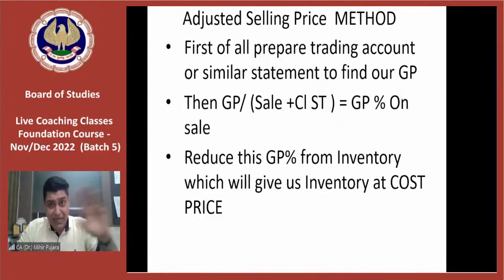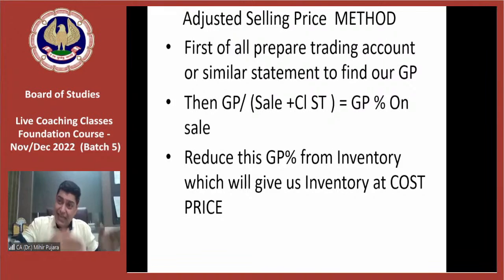So GP divided by the total of these two will give you GP percentage. And this GP percentage will be reduced from the inventory, which will give us inventory at cost price.